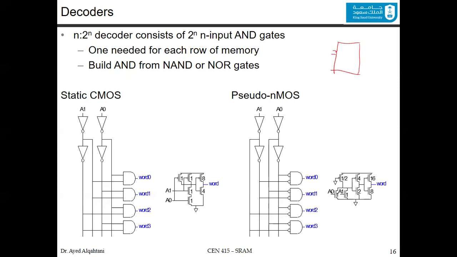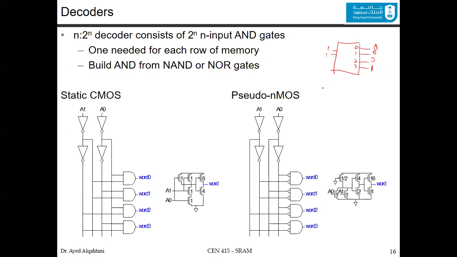You have two inputs, 2 bits, and you are generating 4 outputs, where one of them will be hot, meaning that it is 1, and the others will be 0. It's based on the choice. If we say that these are 0, 1, 2, and 3, then the address that chooses number 3 should be 1 and 1.